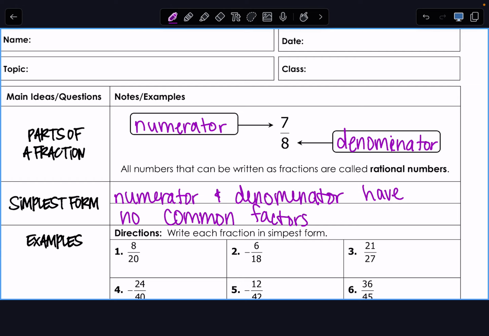So in your example on the board of 25 over 45, you knew that both of those numbers were multiples of 5. They had a factor of 5. So when we divide out 5, we're left with 5 over 9. Okay? That is what you did.